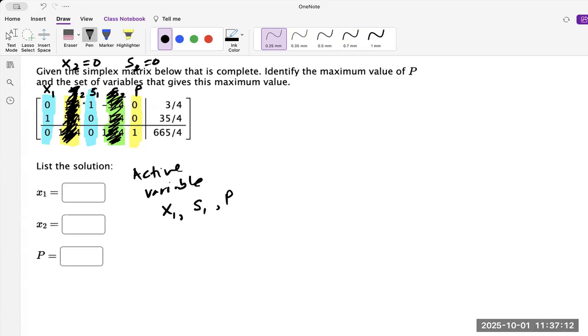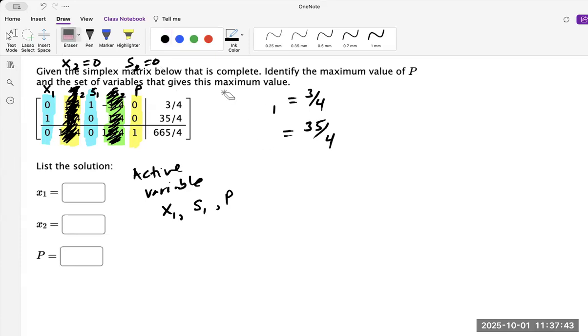And now I translate this back into equations. So it says this is a coefficient, and that's above is a variable. So this first row is saying 1 S1 is equal to 3/4. Then it's saying 1 x1 is equal to 35/4. And luckily 1 x1 is just x1, right?